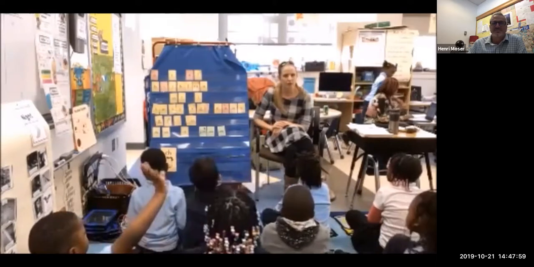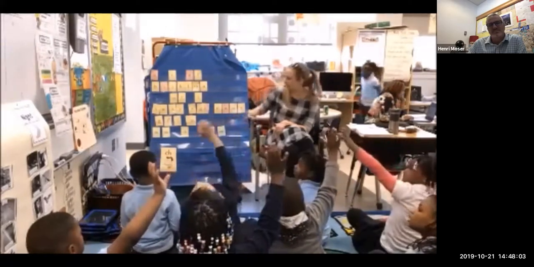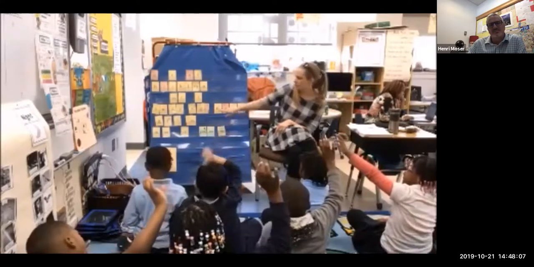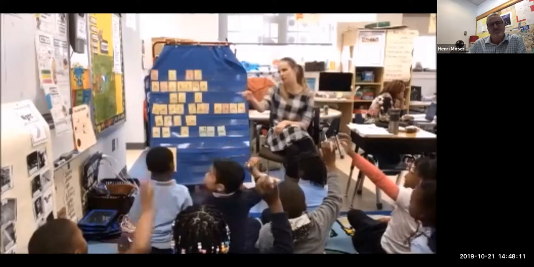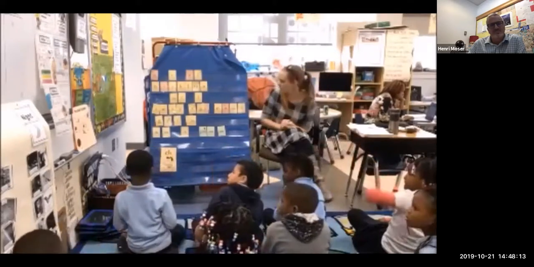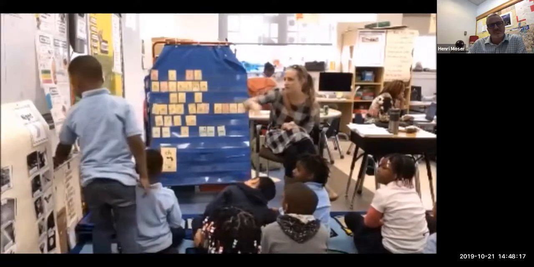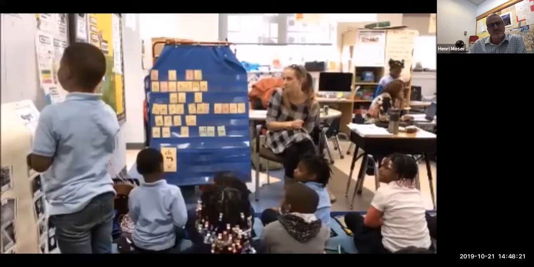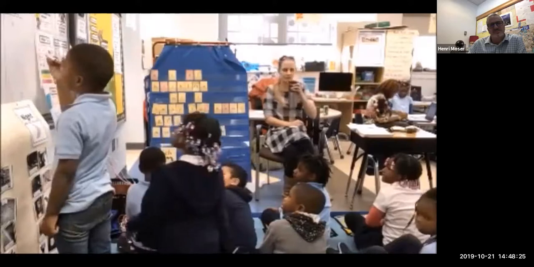So who can go write this word under either S or Z based on what the sound is? I know that it's an S, but I want someone to tell me the sound at the end. Jalen, can you get the purple marker and write the word docks under either S or Z? So you're picking which one it sounds like at the end.